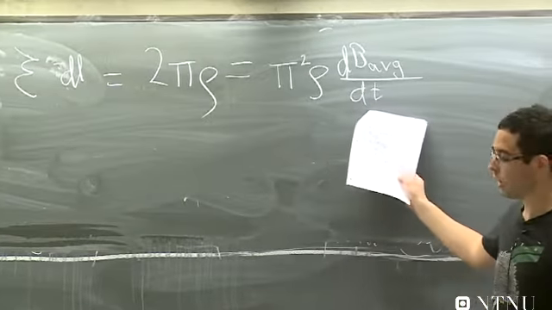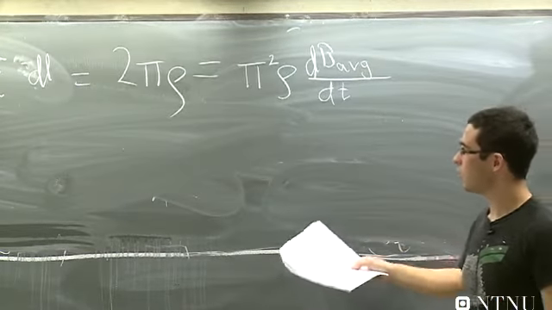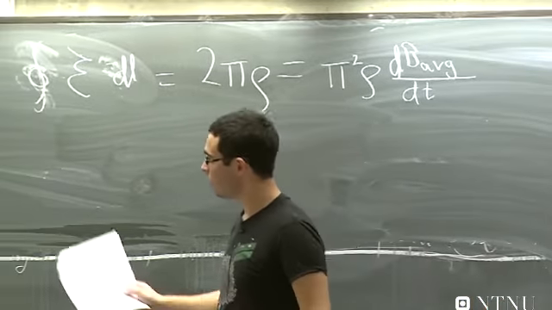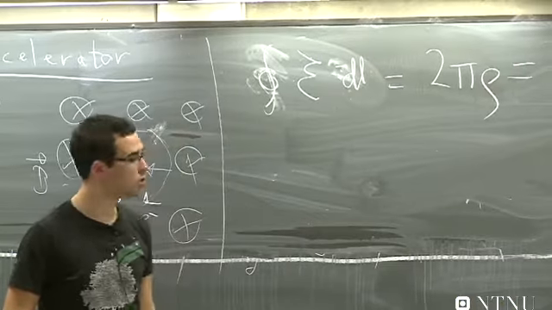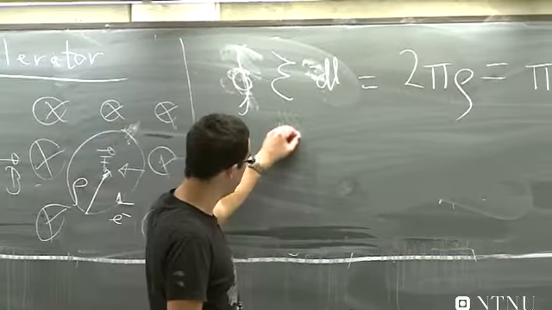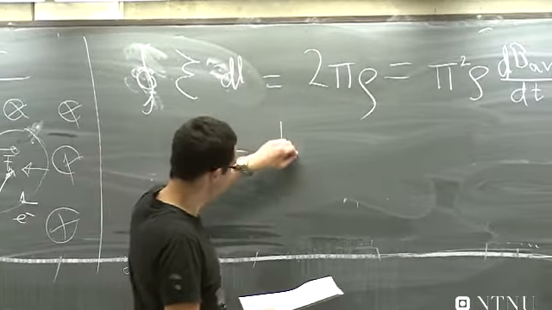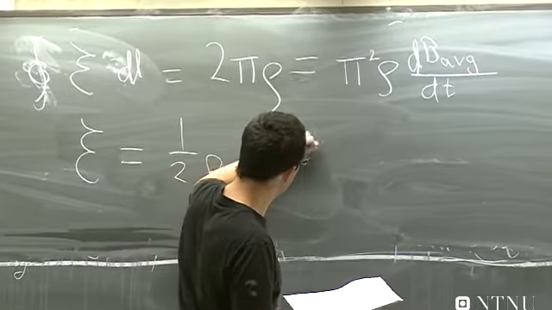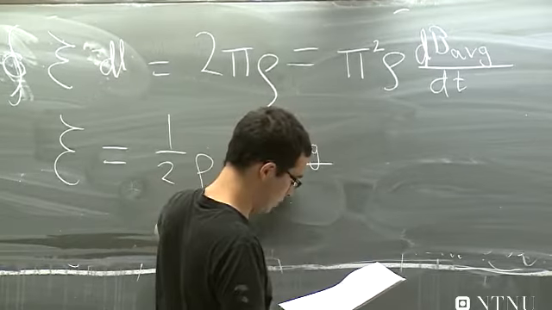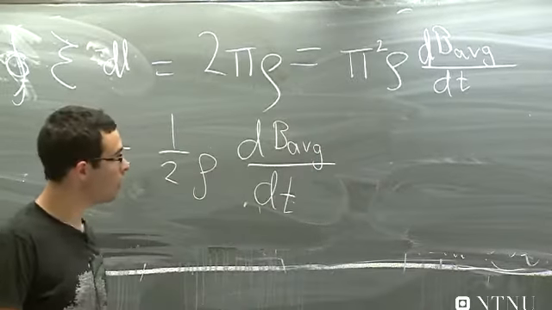So the time derivative of the magnetic field times the area, that's going to be the induced electromotive force. So I get epsilon equals one half rho dB average dt. And so how much?